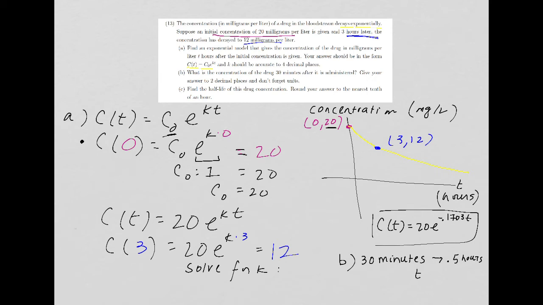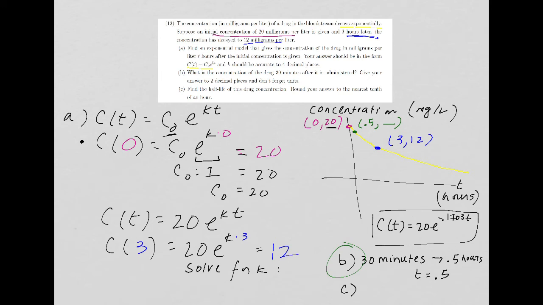And so I need to set T equal to 0.5 in my model. If I was just kind of tossing a point onto my curve, let's see, 0.5 is maybe like right there. So part B is asking me if T is 0.5, I want to find the Y coordinate or the C of T value that goes with it. So this is what part B is asking. We'll go ahead and do that.